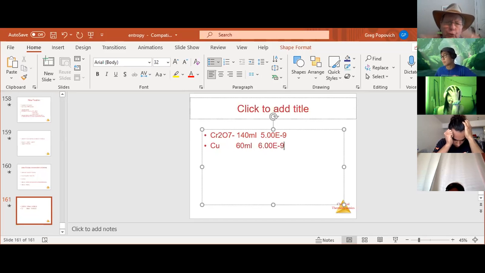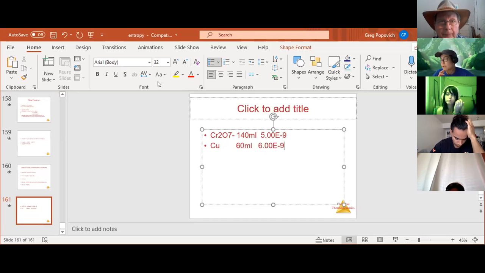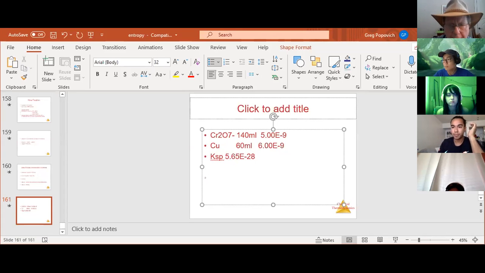Okay. You're mixing these two together, right? And it says the Ksp is 5.65 times 10 to the negative 28. Now you have to understand what you're doing.